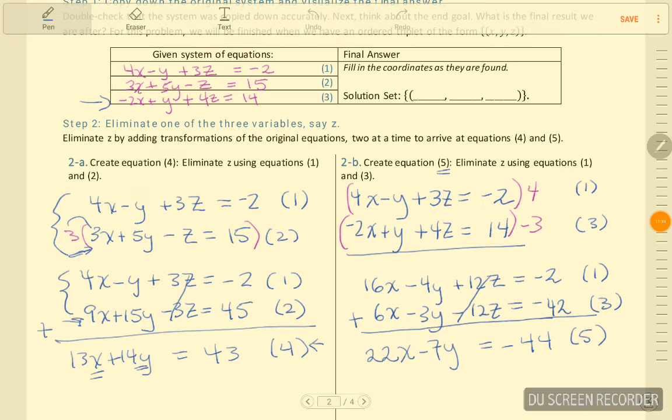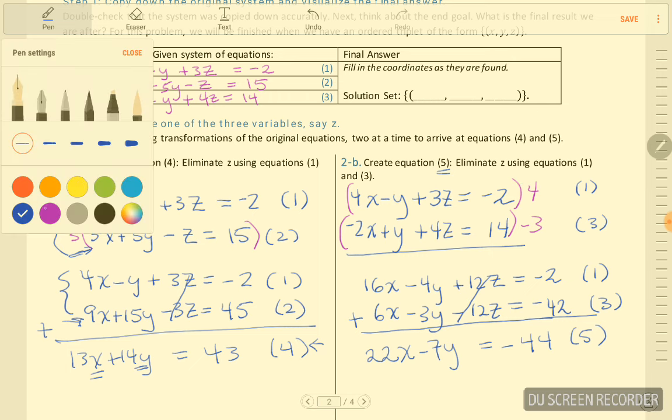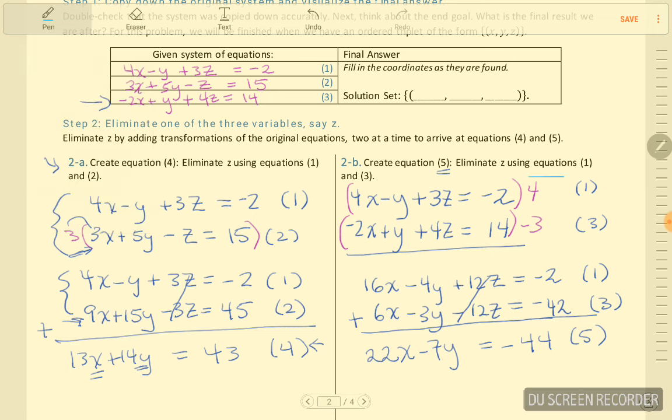Okay, I think I found it. So I had to go back and check my work. And everything on this side looks good. But then when I did the step here, let me get a different color. Right here, this step, I distributed to here and got my 16x.